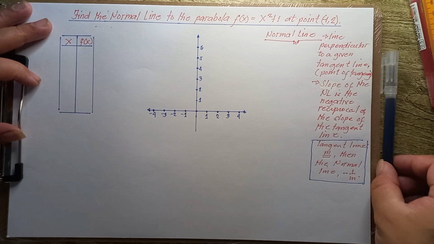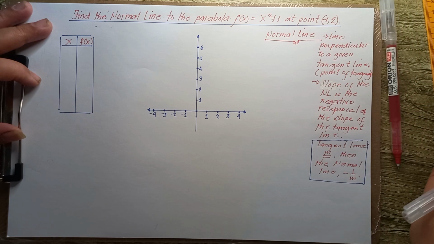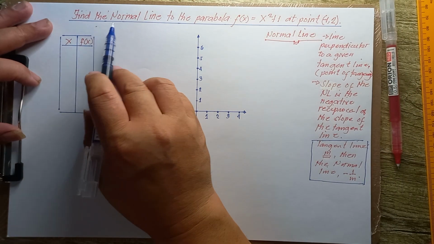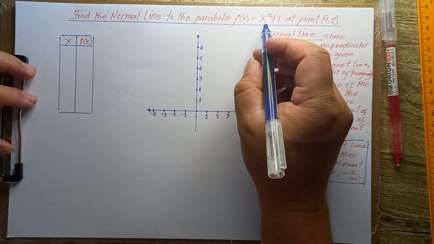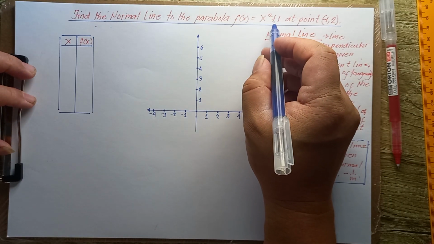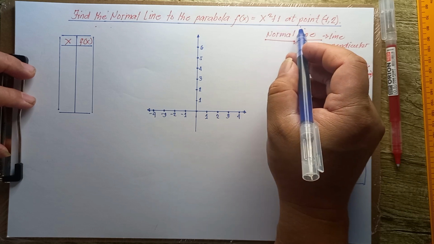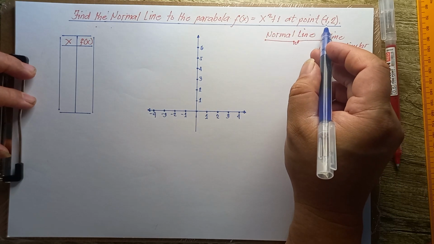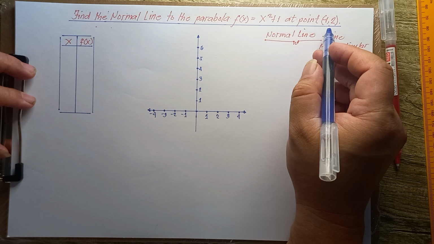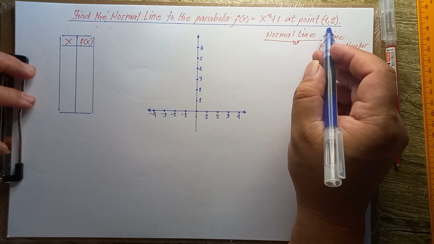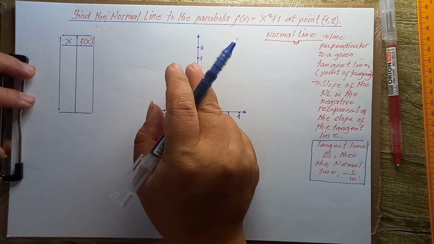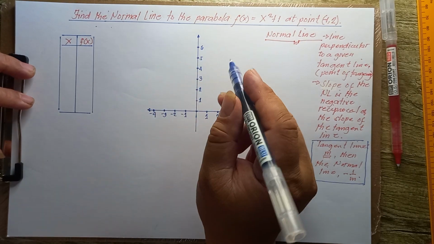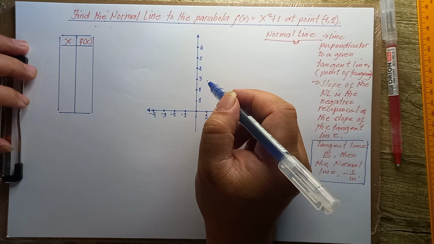Now, considering that we have a problem here, it says: find the normal line to the parabola f of x equals x raised to 2 plus 1 at the point of tangency, which is negative 1, 2. Of course, before we solve for the normal line, we have to draw first the parabola.